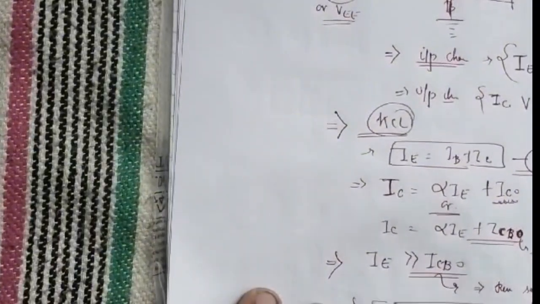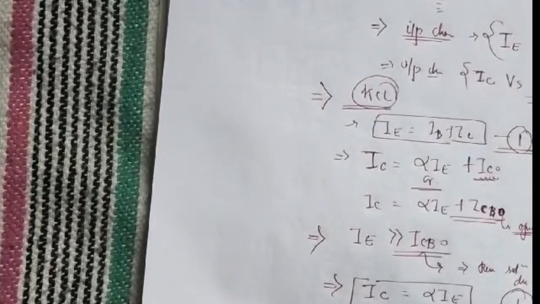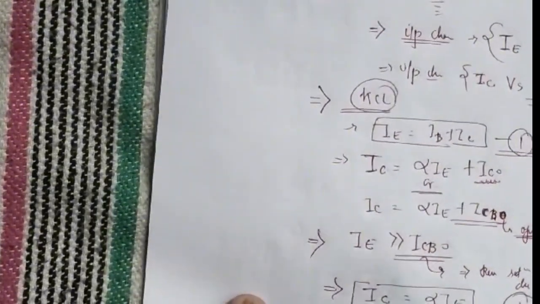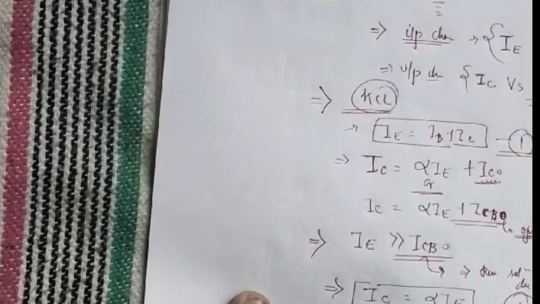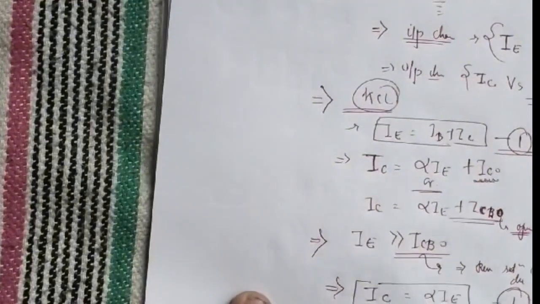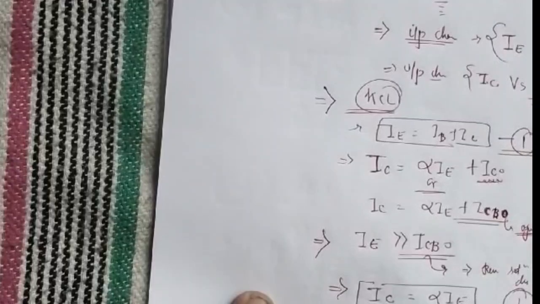From here we can get the value of alpha, that is collector current divided by emitter current. So this we got, and alpha can be basically defined as common base current gain. That means gain of current when base is common to input as well as output side. And we also need to know the range of alpha, which is between 0.95 to 0.98.